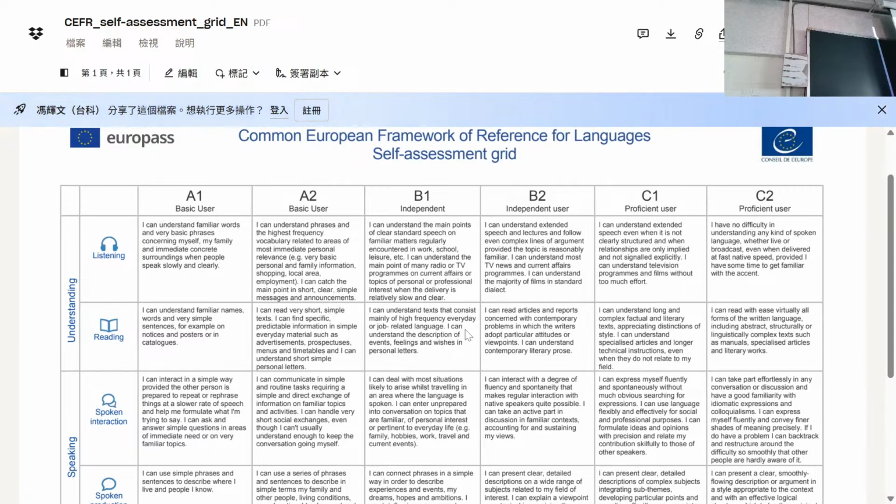For our EMI courses, we expect students to have a language level above B2. So, do you think you have a language level above B2? Of course, above or equal to B2.